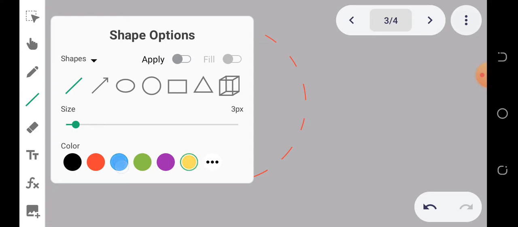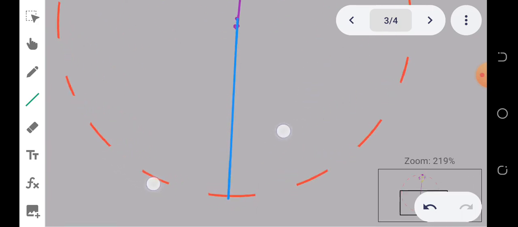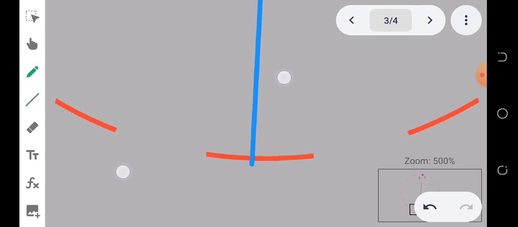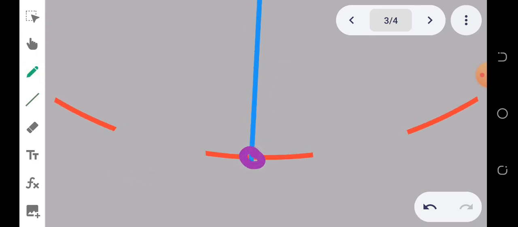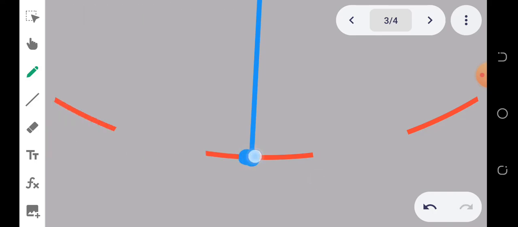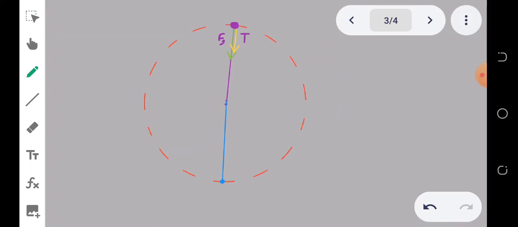I'm going to choose a different ink. All right, now the string is at the bottom, and here the ball is at the bottom. Now let's evaluate.